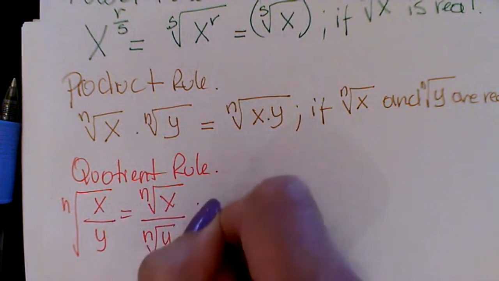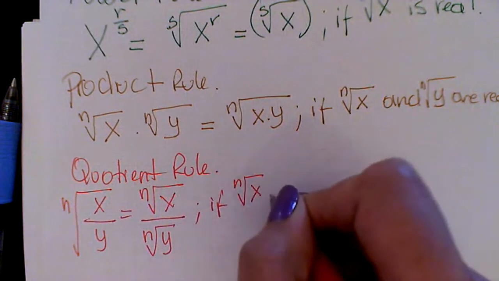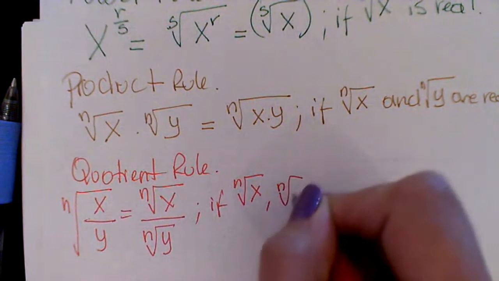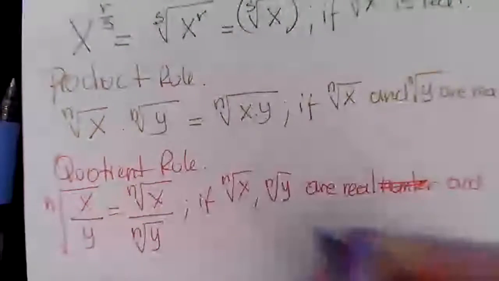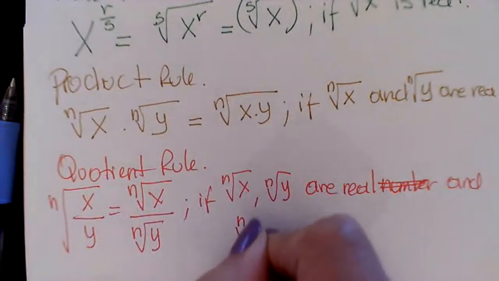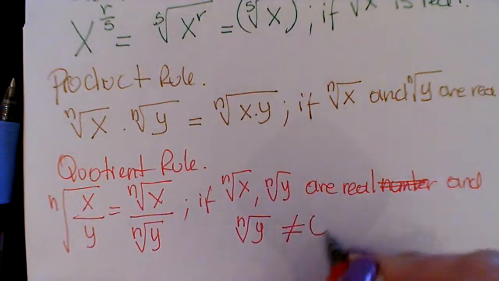And again, this is possible if they are real numbers, and the denominator is not equal to 0.